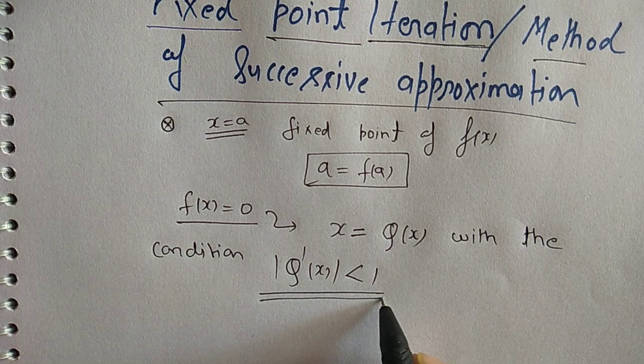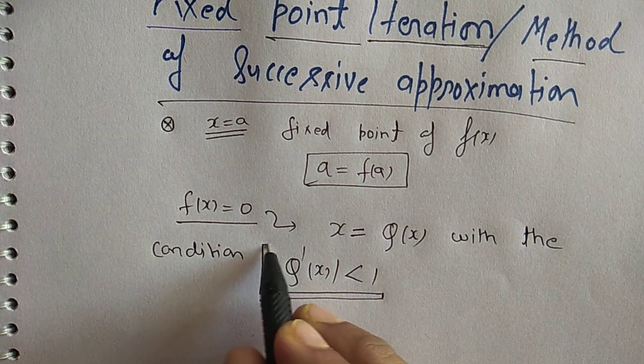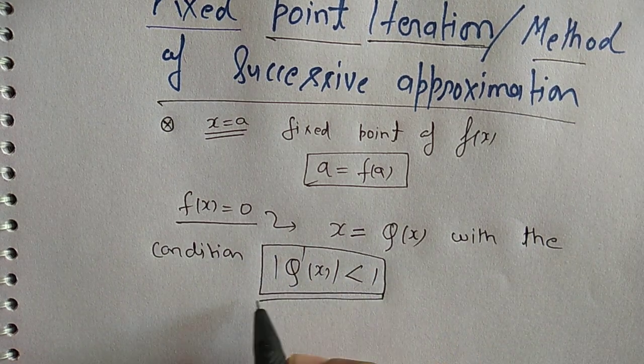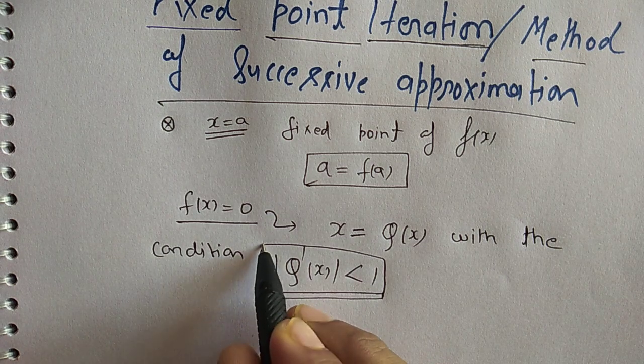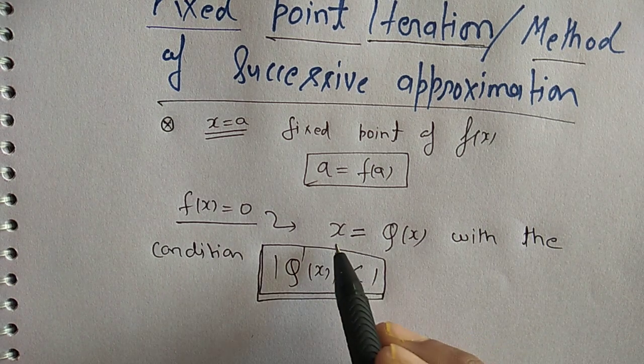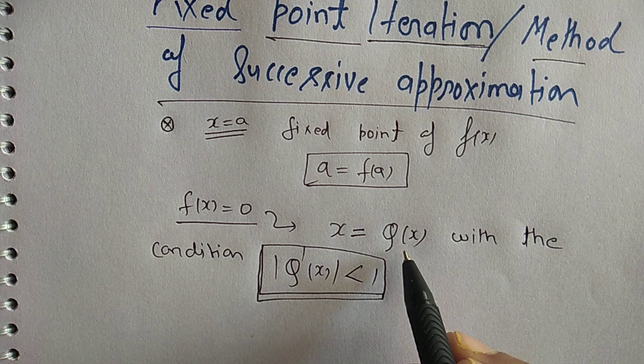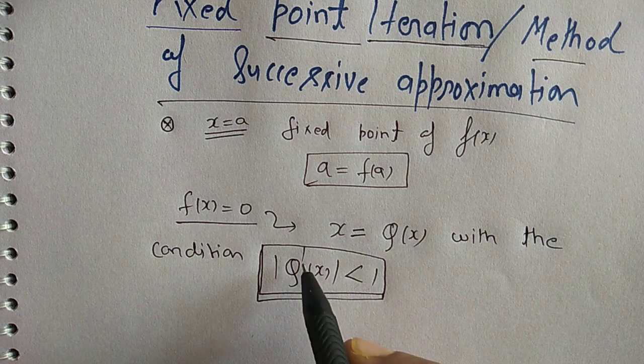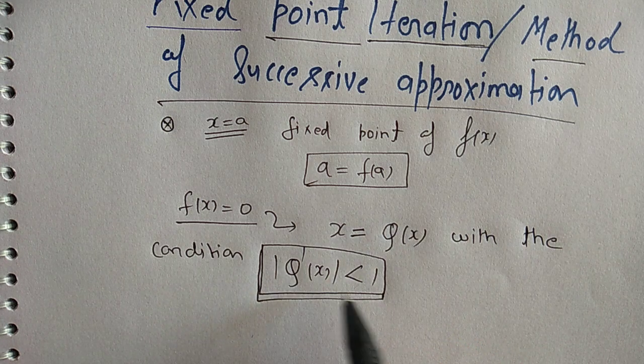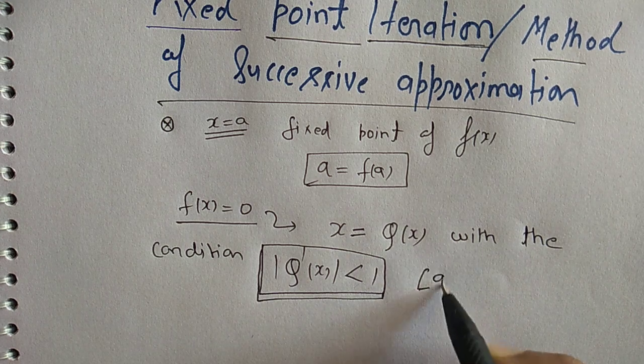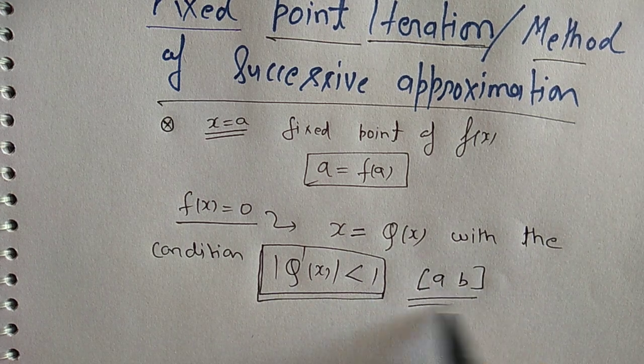See, this is a very important condition. If this condition holds, we will get a convergent solution. So whenever you write x equal to phi x, make sure mod of phi dash x is less than 1 in the given interval.